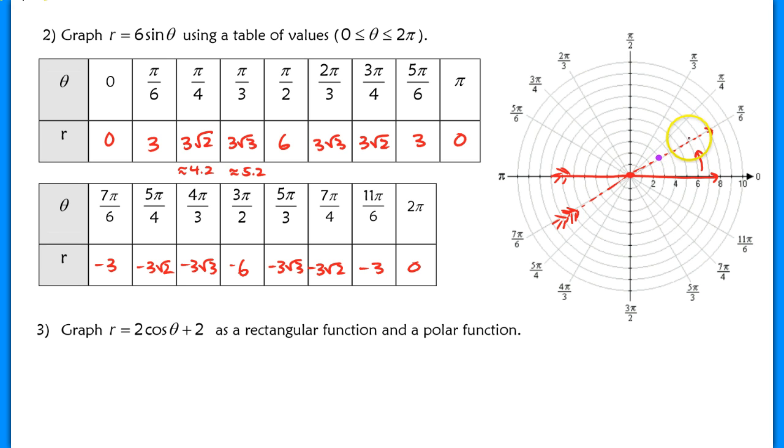Now I continue to move that spinner to pi over 4, another known value here, and I get an approximate value of 4.2. So now my r value, when that spinner is pointing at pi over 4, is going to move to a radius of 4.2.